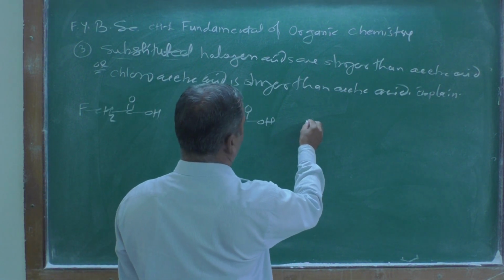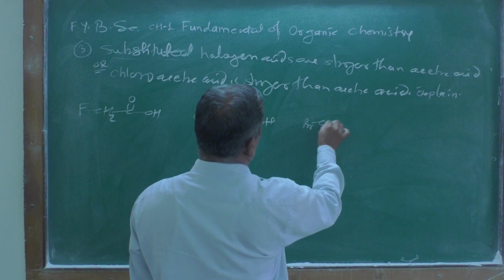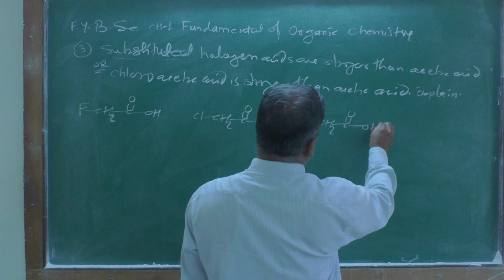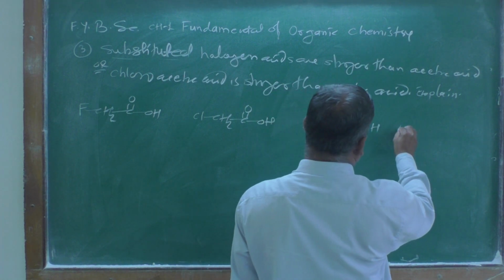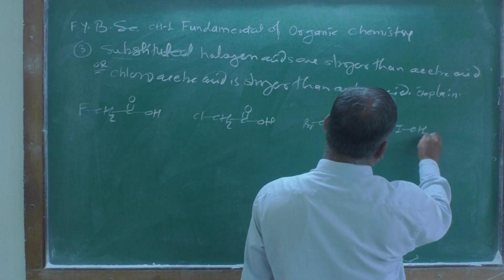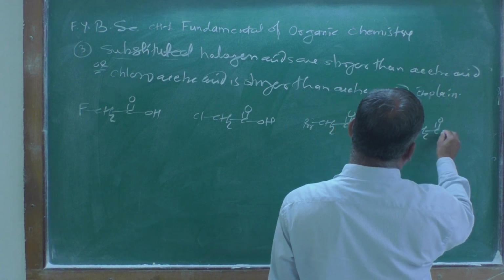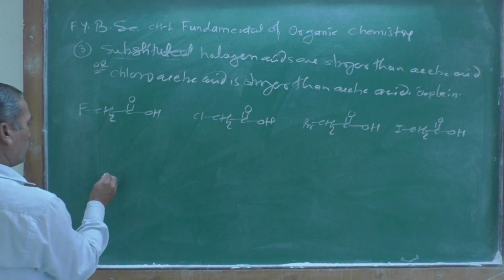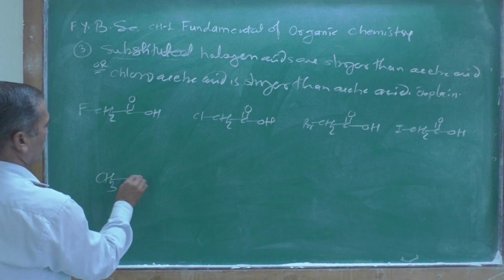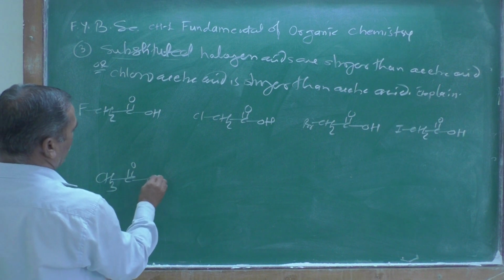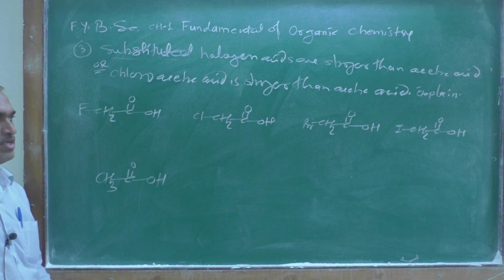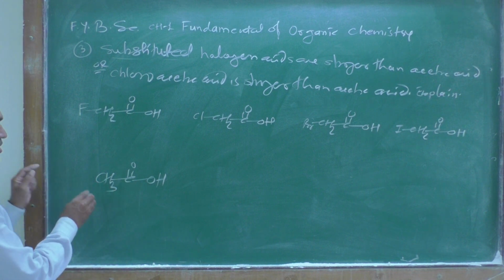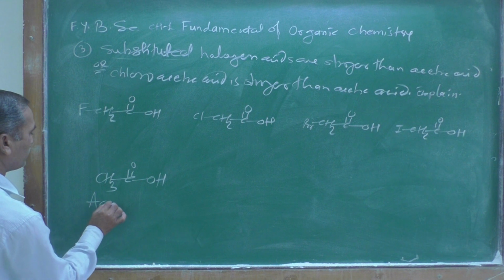Then another one, Br, CH2, C double bond O, OH. Another one, I, CH2, C double bond O, OH. And let me draw another structure, CH3, C double bond O, OH, which is acetic acid, right?